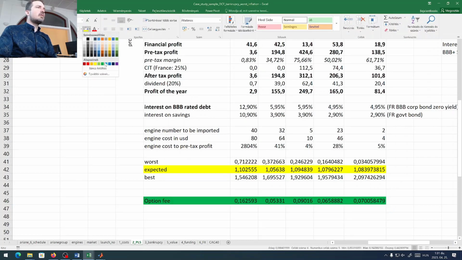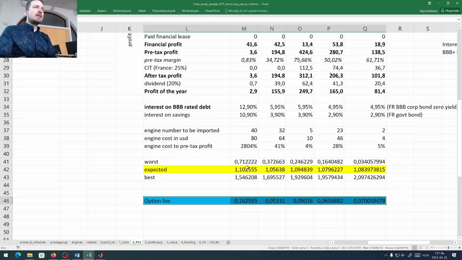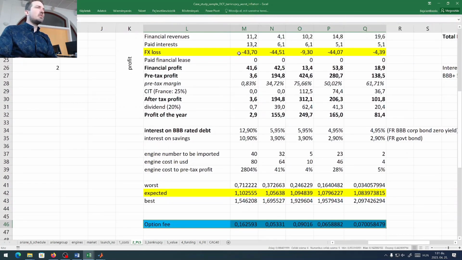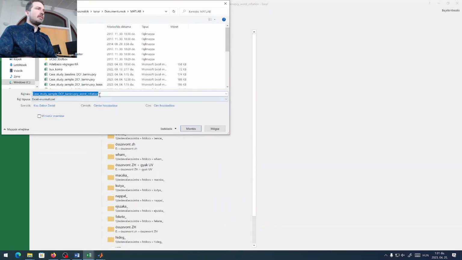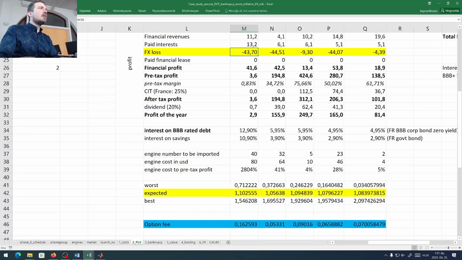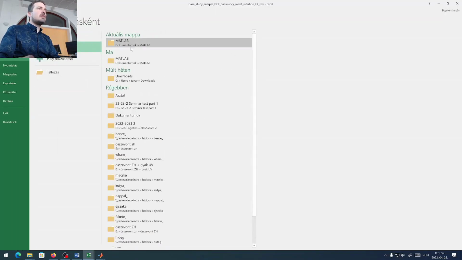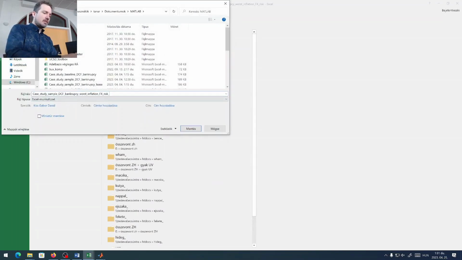So let's give it a blue color, and in this case we can say that okay, let's remove all this foreign exchange risk from here, so we don't want to carry this anymore, but maybe I should create a save. Worst inflation, FX risk, and there will be the other one with option.